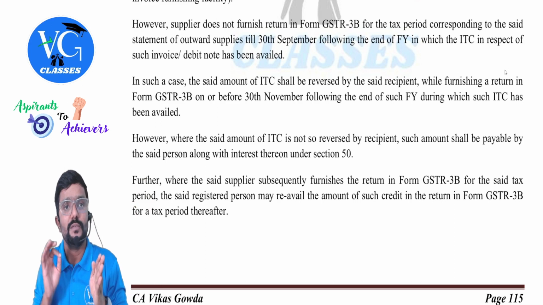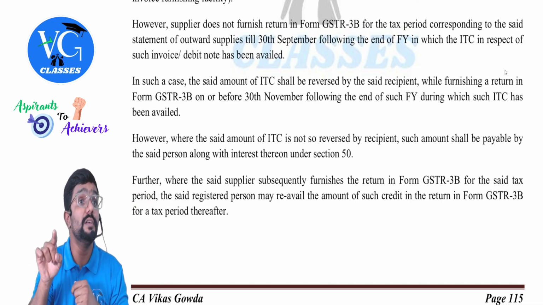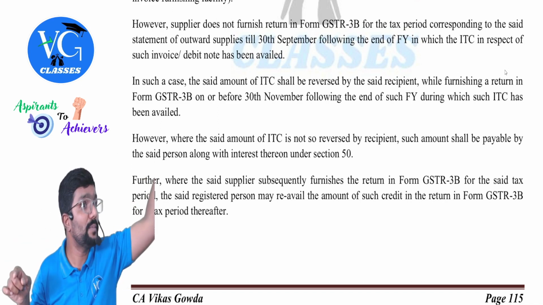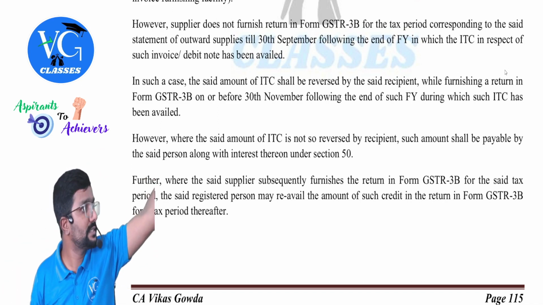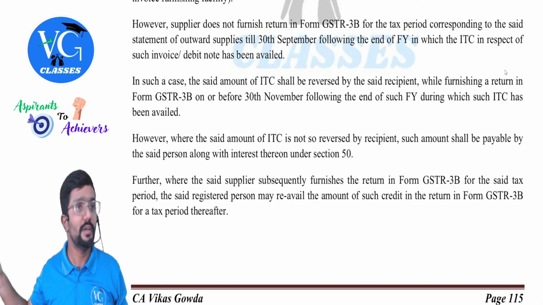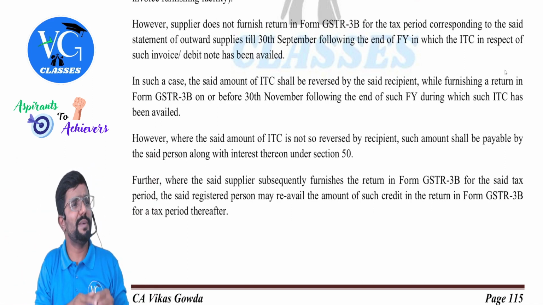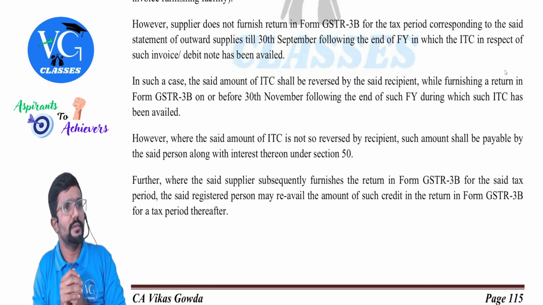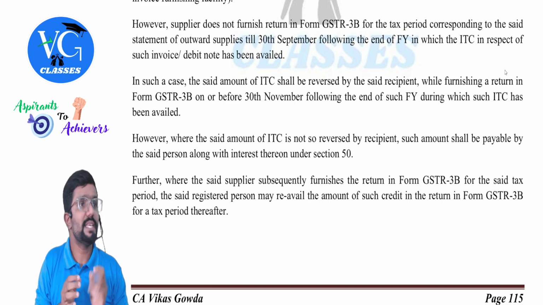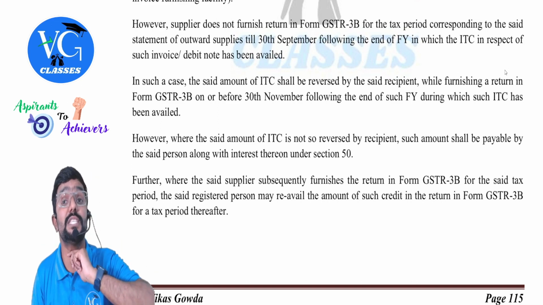Now, who is punished? The recipient. The recipient has to reverse its credit through which return? The recipient's GSTR 3B, not the supplier's, since the supplier's GSTR 3B cannot be filed by the recipient. Now, the recipient will file his GSTR 3B for, assume, September or October, and in that he has to reverse it. Sir, can he reverse it in the November month GSTR 3B?